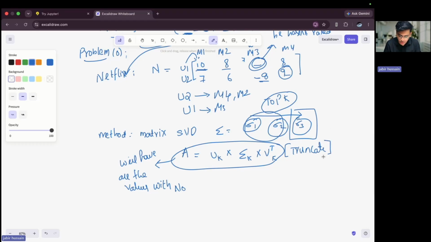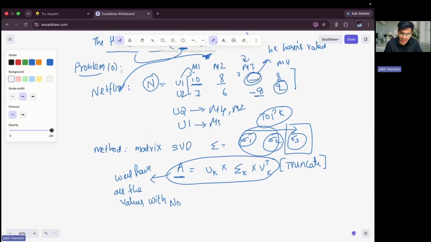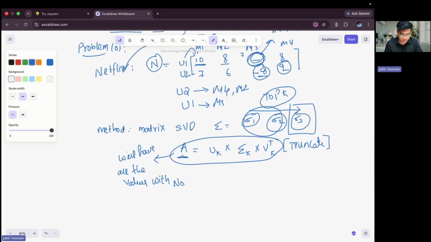Remember the terminology. After truncating the matrix, the resultant we get is the most important resultant, because the original matrix has some blank values, and blank values are the worst thing possible. When you apply SVD, you will get a new matrix, and that matrix is your new Netflix table, and it will have values with no blanks.